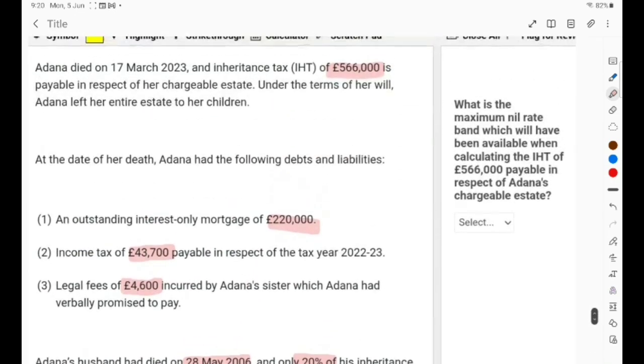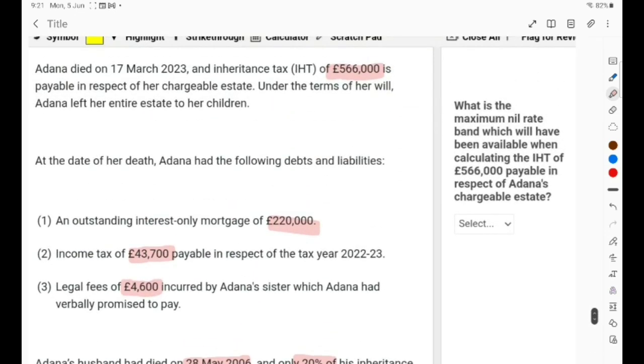Now first question, what is the maximum nil rate band which will have been available when calculating the IHT of 5,66,000 payable in respect of Adana's chargeable estate?